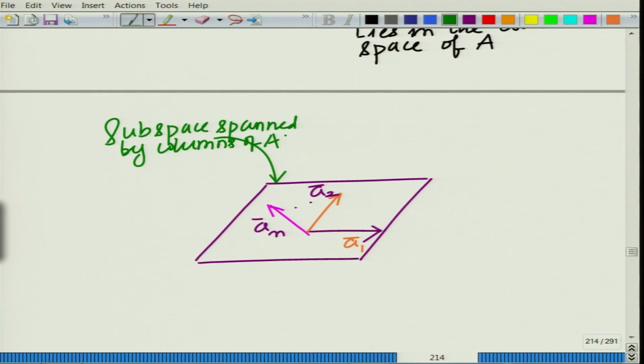This is the subspace spanned by columns of A, and this vector y bar is some vector which lies in the general m dimensional space.